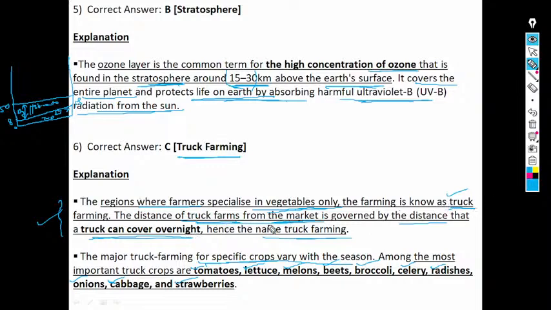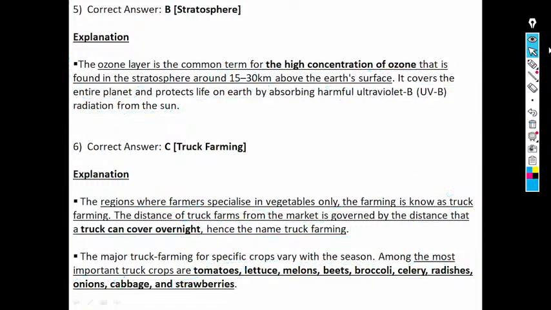The distance of truck farms from the market is governed by the distance that a truck can cover overnight. Okay, next question we will see.